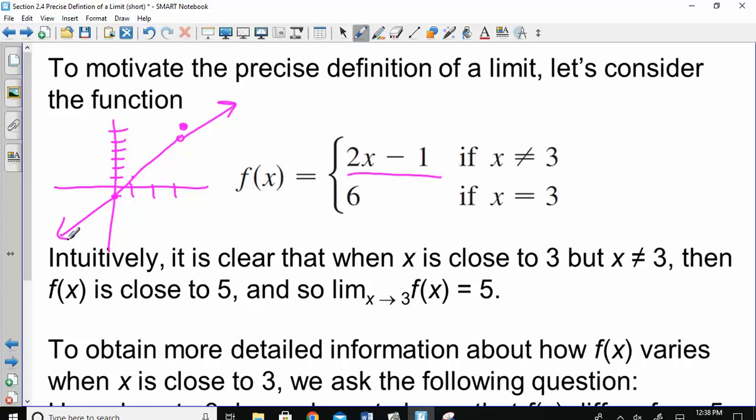So, we know if you are getting close to 3, what y value are you approaching? 5. Okay. So, if I wanted to be within a tenth of 5, somewhere between 4.9 and 5.1, could you figure out how close to 3 x would have to be to make that happen?